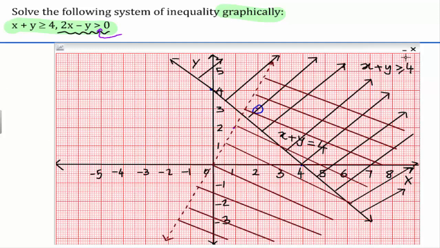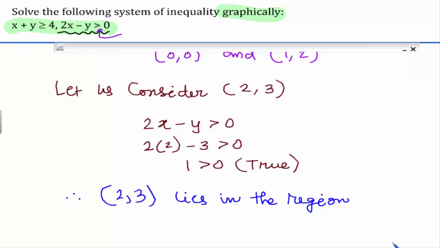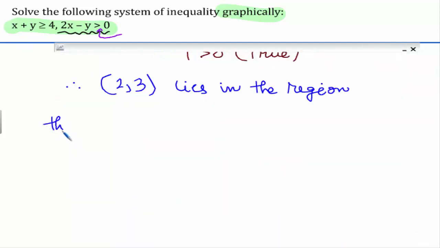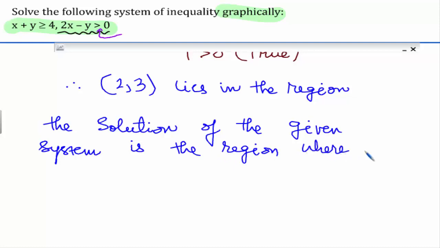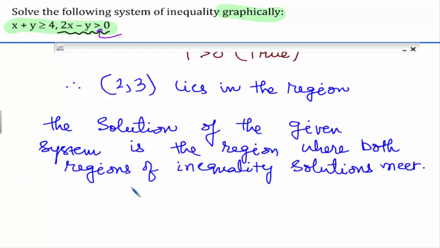Now we have to find out the solution of the system. So the solution of the given system is the region where both regions of inequality solutions meet.